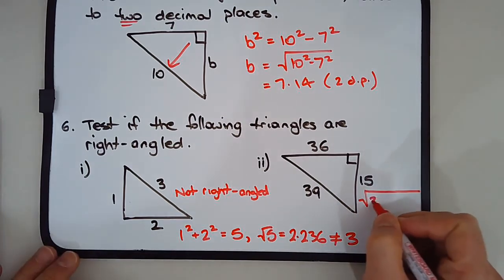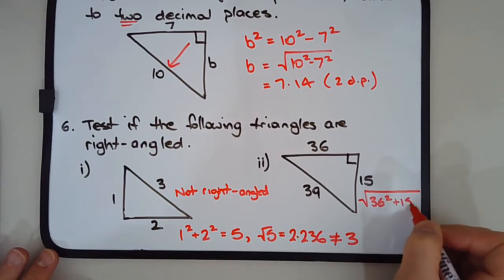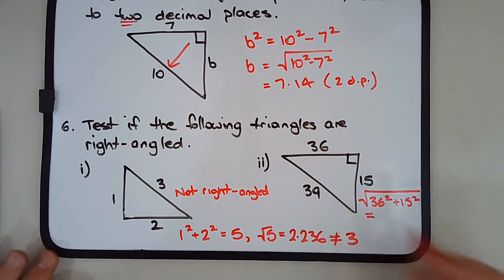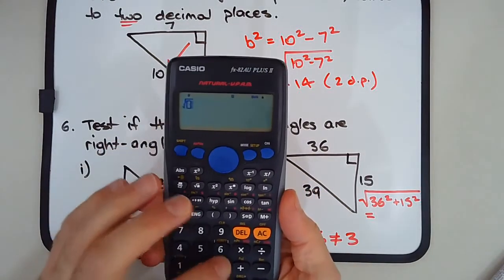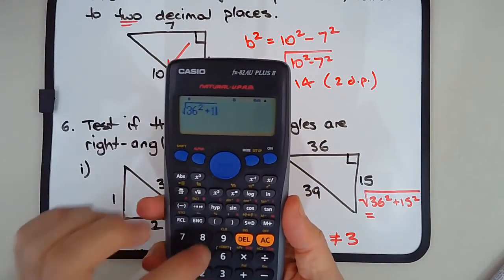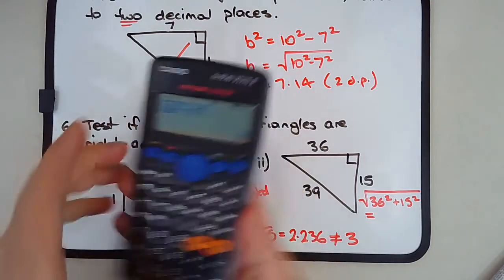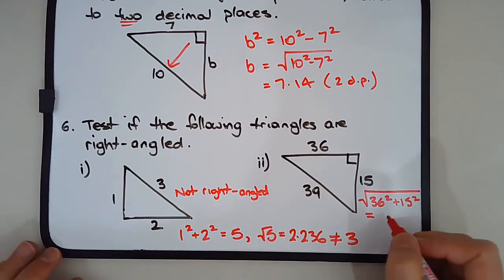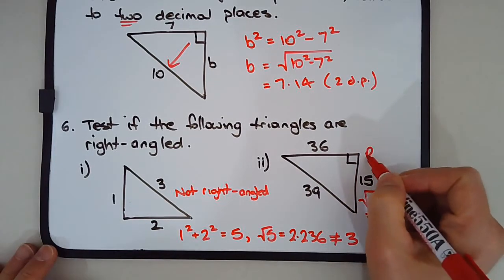Let's try that and see. 36 squared, that's one of the short sides, plus 15 squared. And let's see what we get there. Hopefully we get 39. I've got a feeling we might. Ooh, we get 39. And that happens to equal our hypotenuse. So this one is right angled.